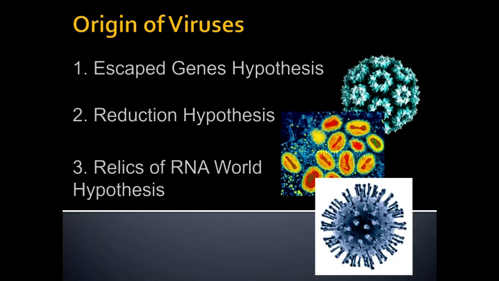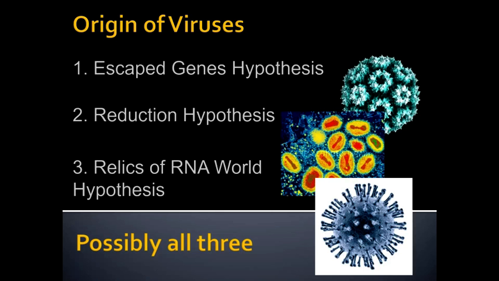Now, which of these is the correct one? And the answer is we don't know, but it might be all of the above. And so there are many, many different types of viruses. Viruses are a very diverse group of entities, again, not classified as living, but they're very diverse. There are RNA viruses, DNA viruses, some are single-stranded, some are double-stranded, some are retroviruses.